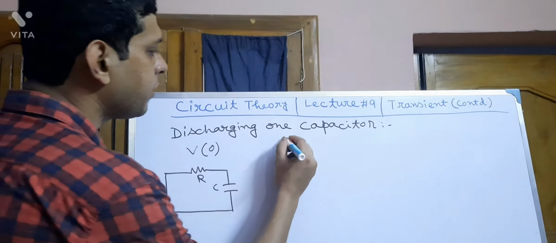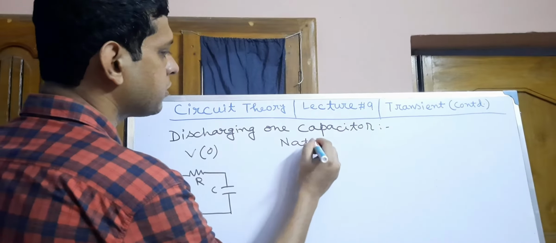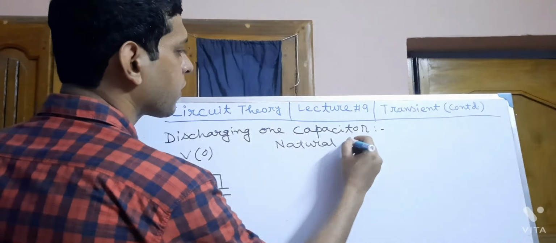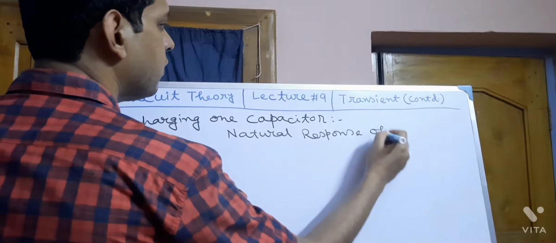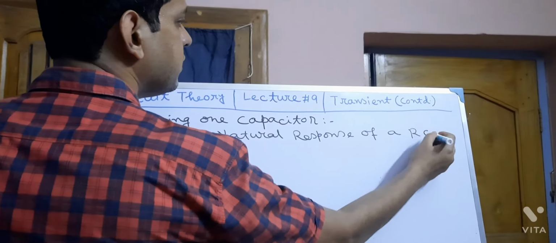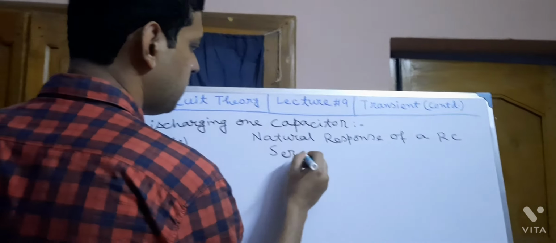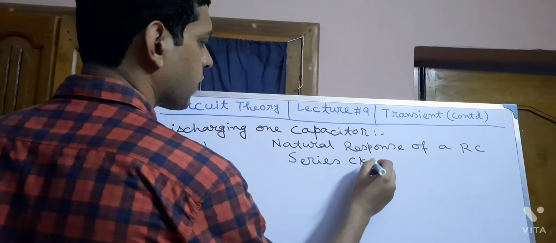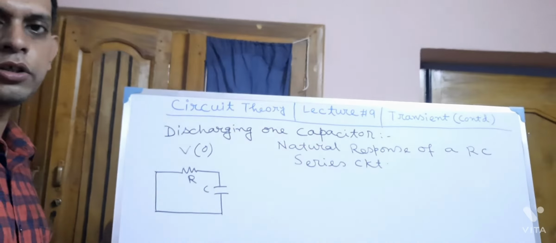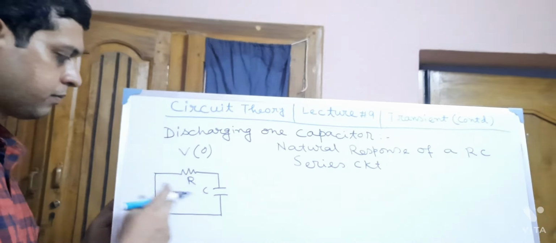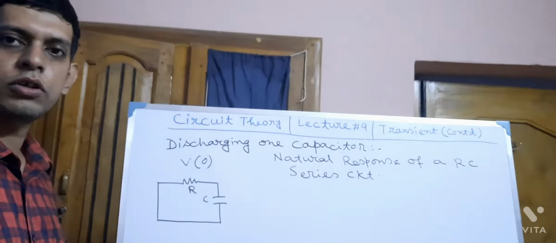So, this is the same as the natural response of an RC series circuit, as no voltage source or current source is involved here, so the forcing function is equal to 0.